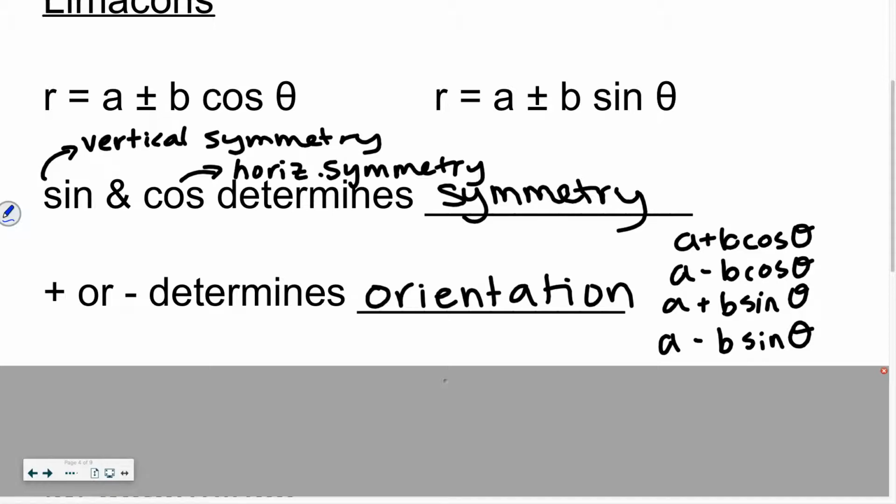Of course, the cosines are going to be right and left. If it's plus, it's going to be to the right. If it's negative, it's going to be to the left. And if it's sine, remember it has vertical symmetry. Sine is a vertical movement, so that's going to be up and down. If it's positive, it's up. If it's negative, it's down.